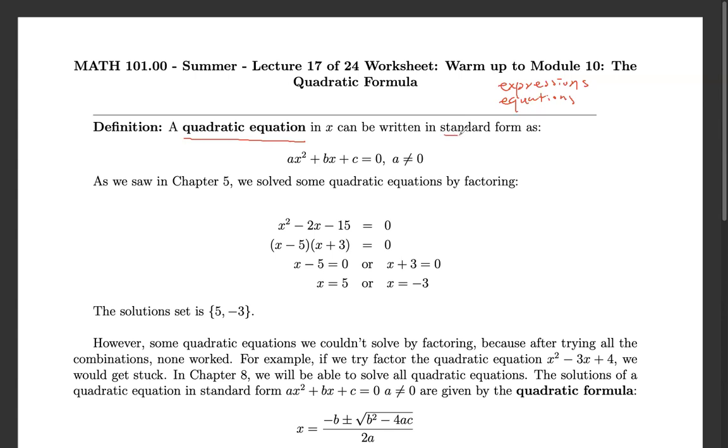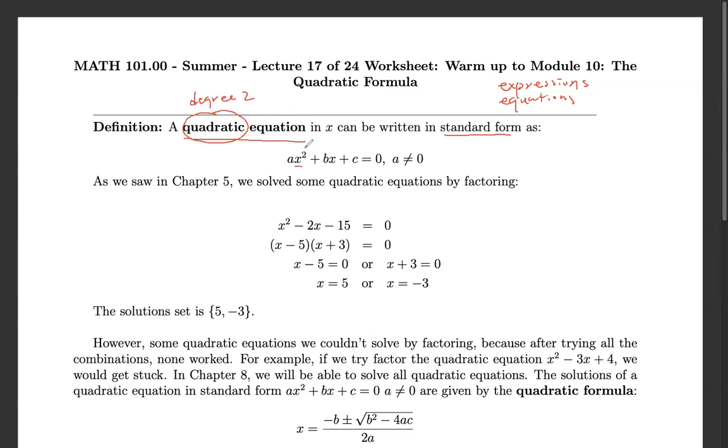So the standard form is this. You see the variable, we have x squared. So x squared makes this expression quadratic. That's where the word quadratic comes from. It means degree 2, polynomial of degree 2.